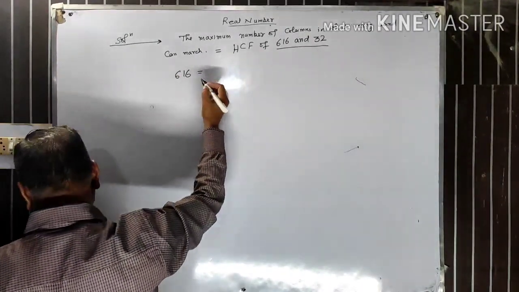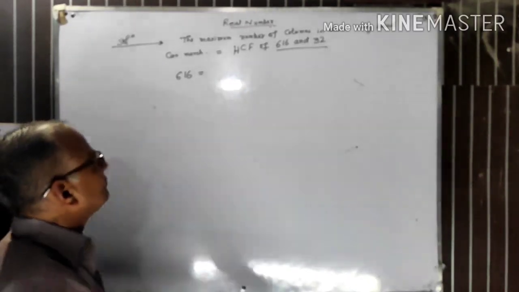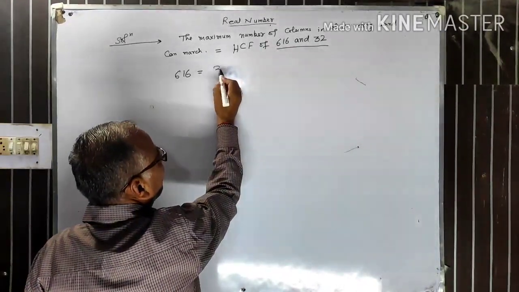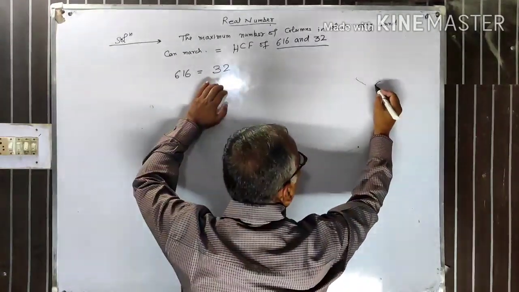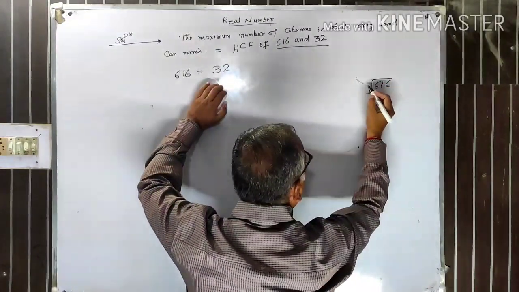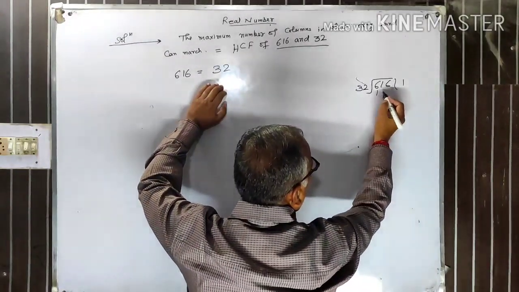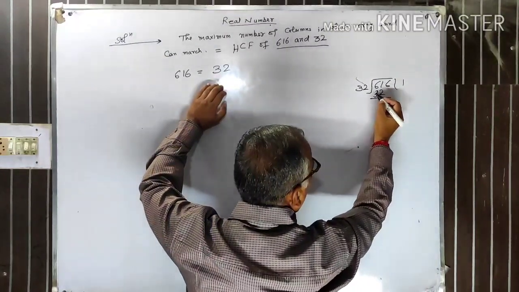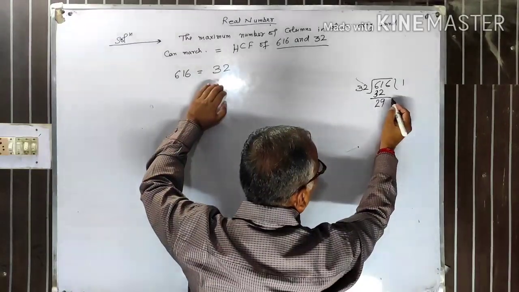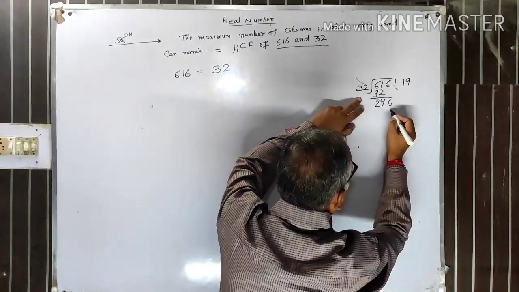616 can be written as, you divide it by 32. 32 से डिवाइड कीजिए 616. जिनको नहीं आता दे कैन डू इट इन रफ वर्क. 1 पे गया 32, अब ये 9 पे चला जाएगा.